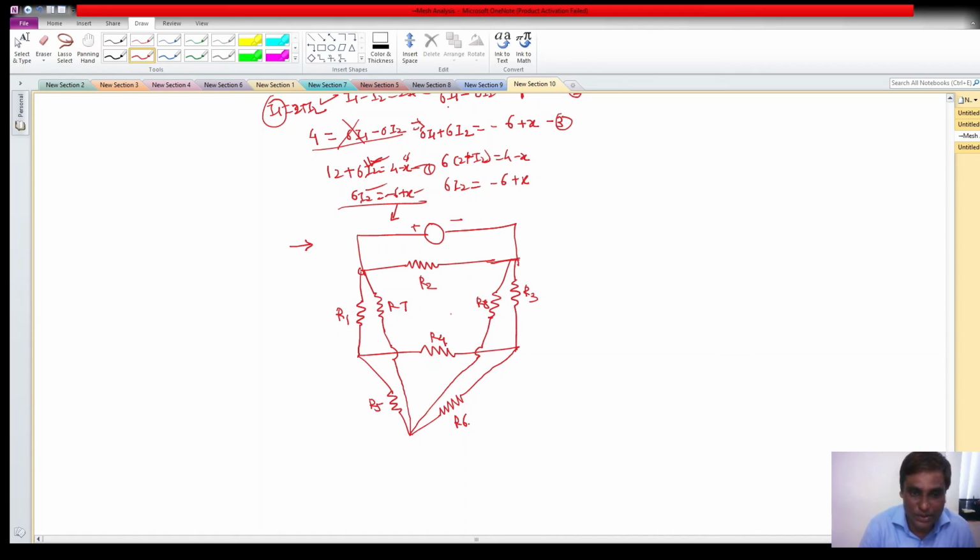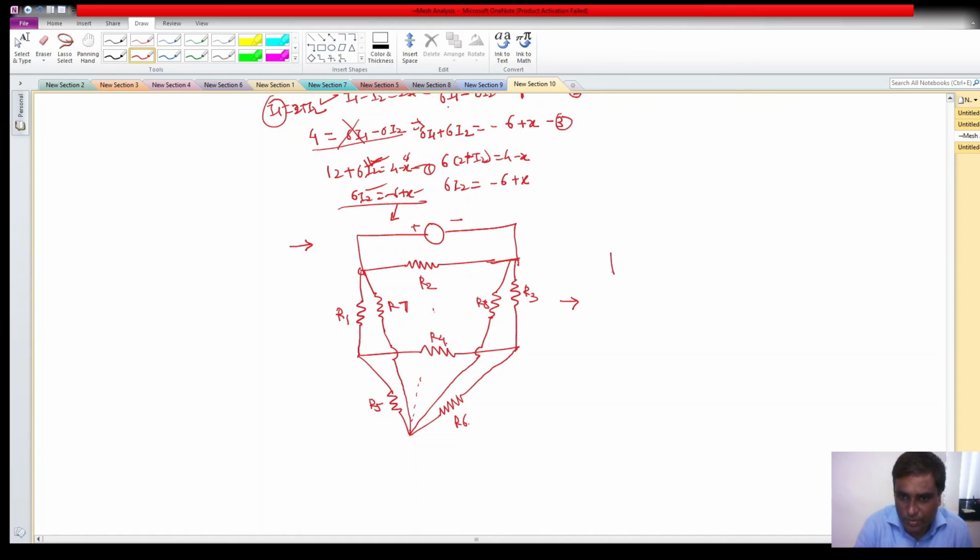So this can be made planar also. Let us try to make it planar. One way is that I will compress it and bring this point here, so that there will not be crossing of the branches. Just bring this point here.